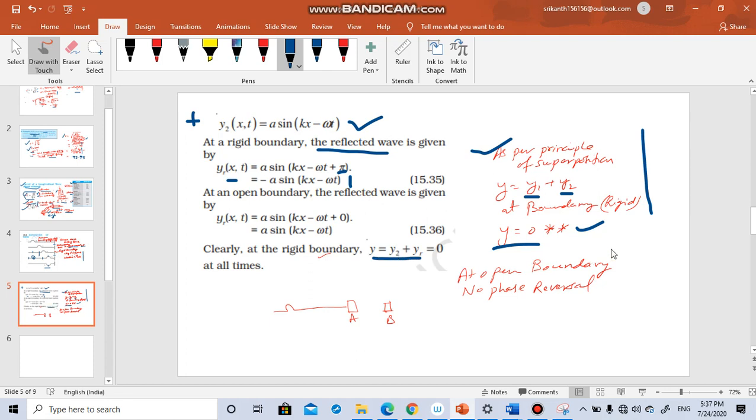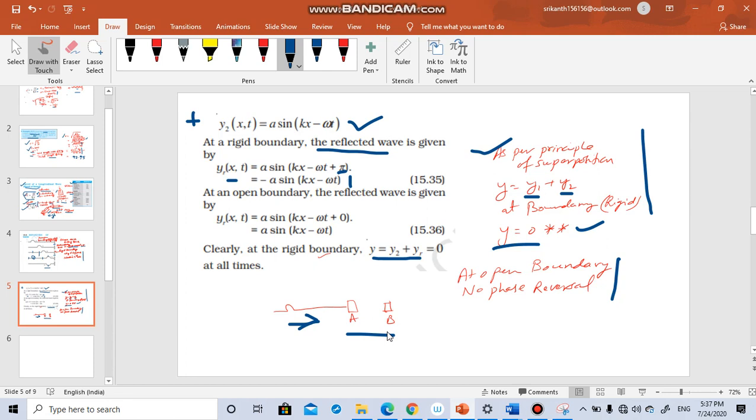What happens in the case of an open boundary? In an open boundary, there is no phase reversal. What do I mean by open boundary? This is the pulse which is hitting a boundary at A. But after hitting, the boundary got shifted from A to B. That means A is not fixed.